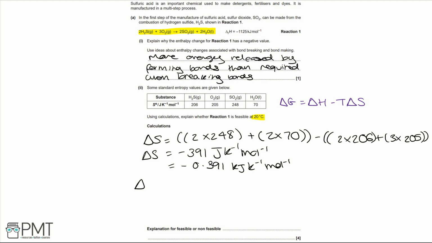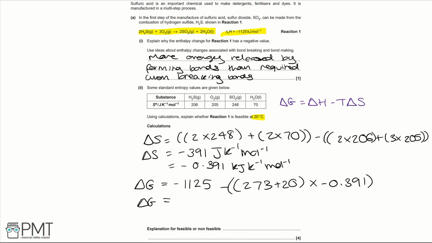So then working out delta G, or Gibbs free energy, that would be minus 1125, which is the value of delta H that we've been given in the question, minus 273 plus 20, because that's our temperature in Kelvin. 20 degrees Celsius plus 273 converts degrees Celsius into Kelvin, and then multiplied by minus 0.391, and that equals a delta G value of minus 1010 kilojoules per mole.